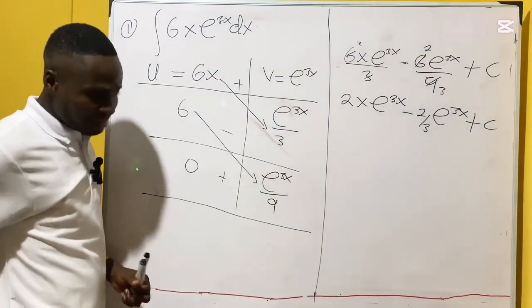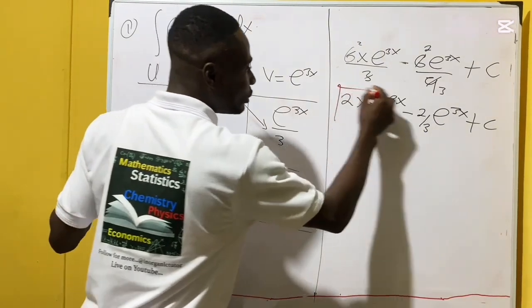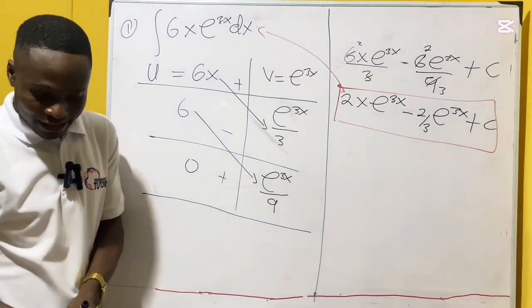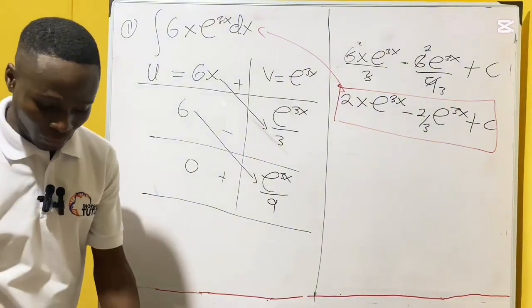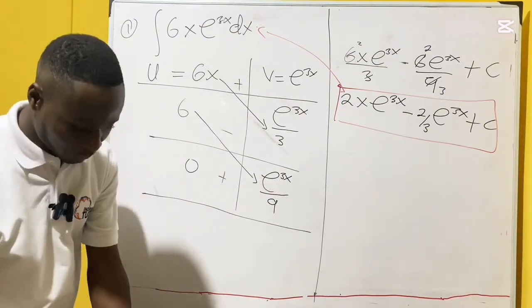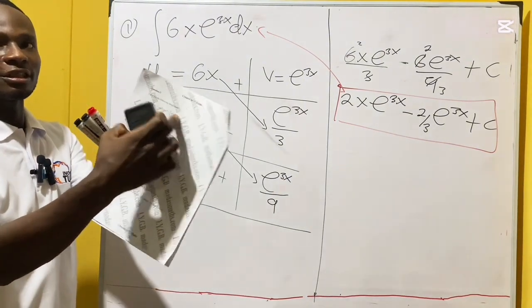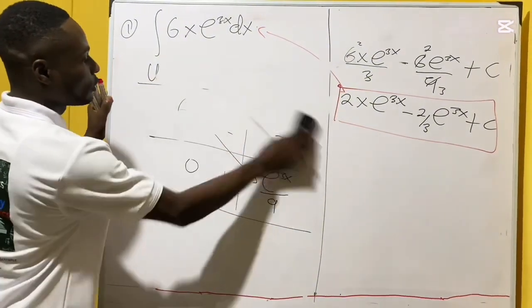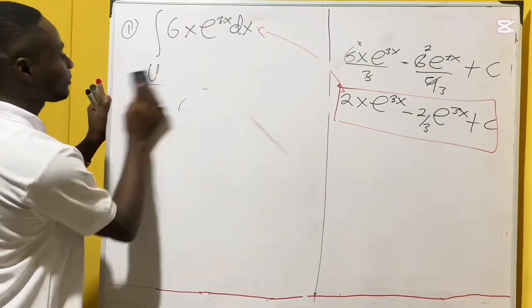So this is very good when you are working with differential equations, right? So this is our final answer. You can look right here, this is our final answer. So let's go to the second problem.